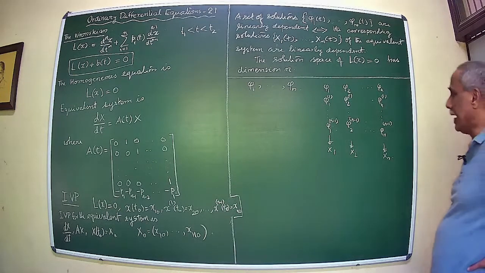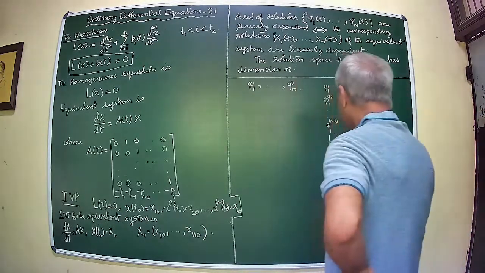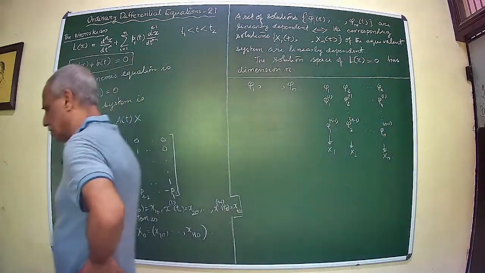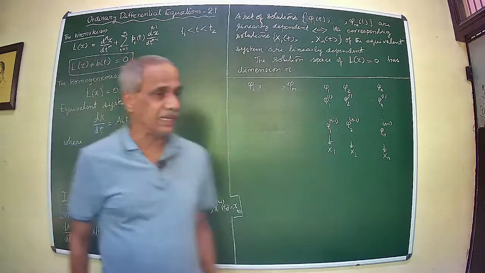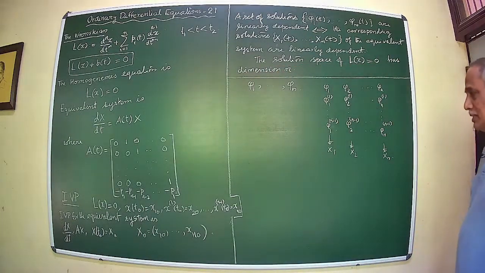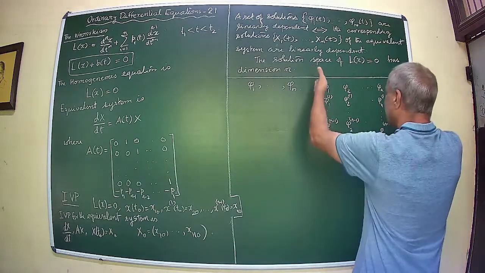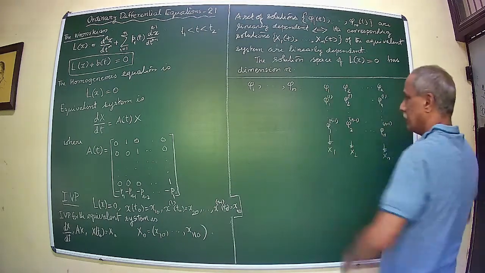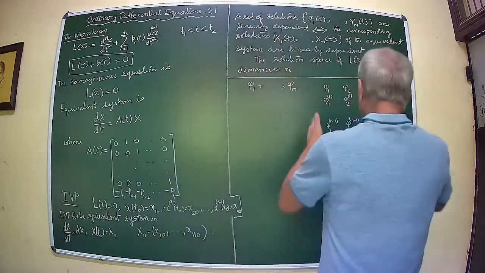So what does it say? It says that x1, x2, etc., xn are linearly independent provided the vectors x1 t0, x2 t0, etc., xn t0 form a linearly independent set. So that gives the linear independence of this, and therefore the linear independence of phi 1, phi 2, etc., phi n, which form a solution base or a basis for the solution space. And what are the corresponding initial conditions?